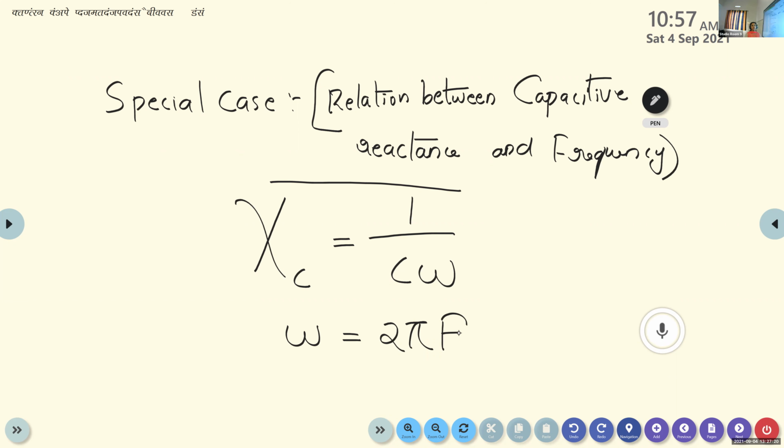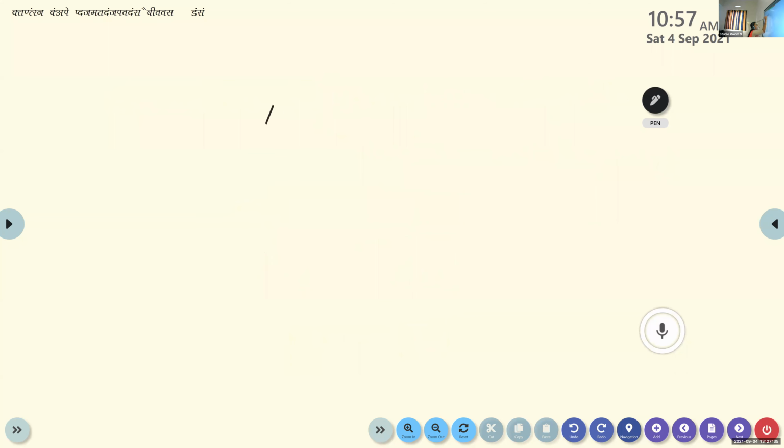So Xc is equal to 1 by C omega, where omega is equal to 2 pi f. That is, the frequency is directly proportional to omega. Then Xc is equal to 1 by C 2 pi f.